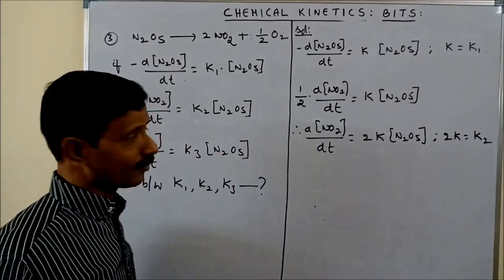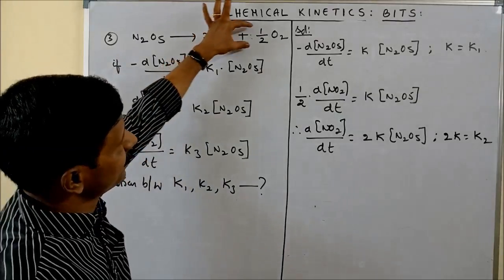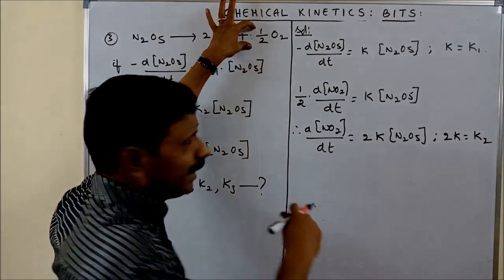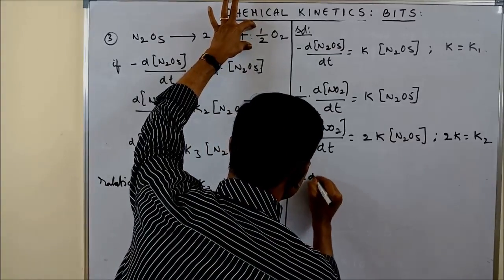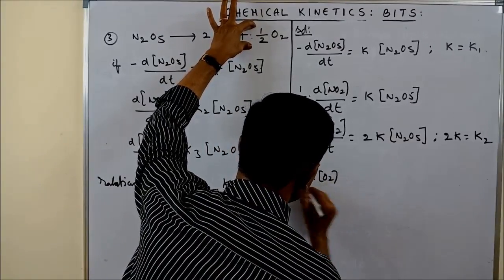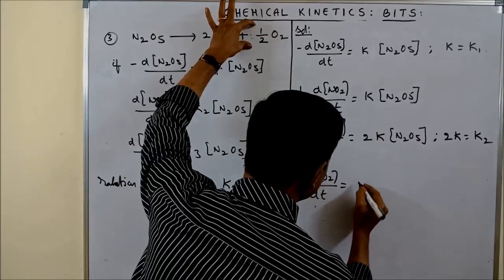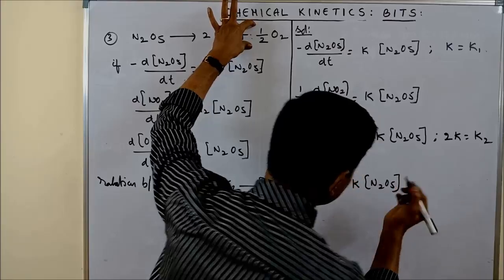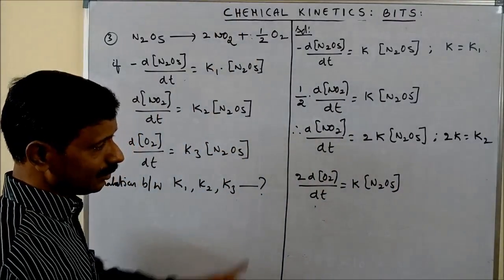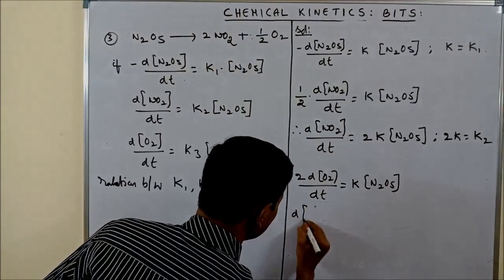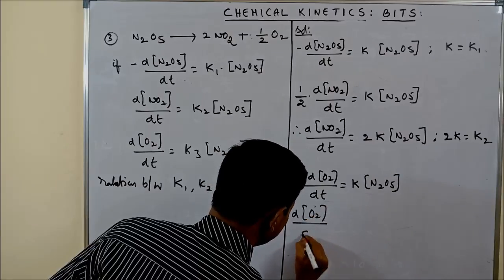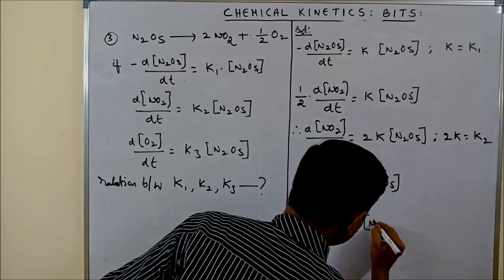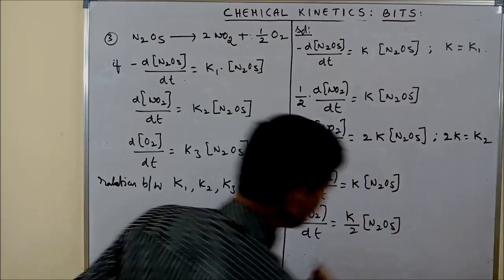That is one relation. And similarly, rate with respect to oxygen means 1 by 1/2, that is 2 d[O2] by dt, equal to K into [N2O5]. That is the rate. Now as per this, d[O2] by dt is equal to K by 2 into [N2O5].